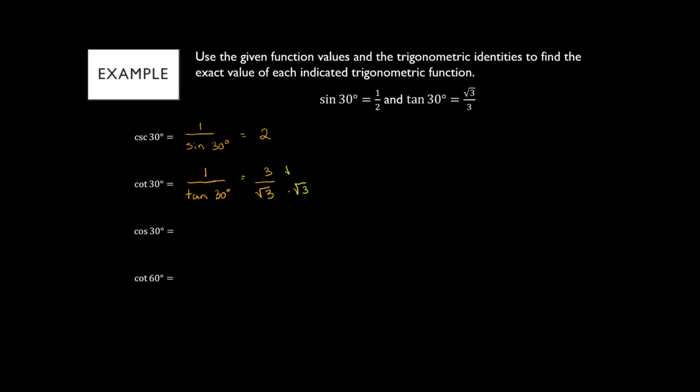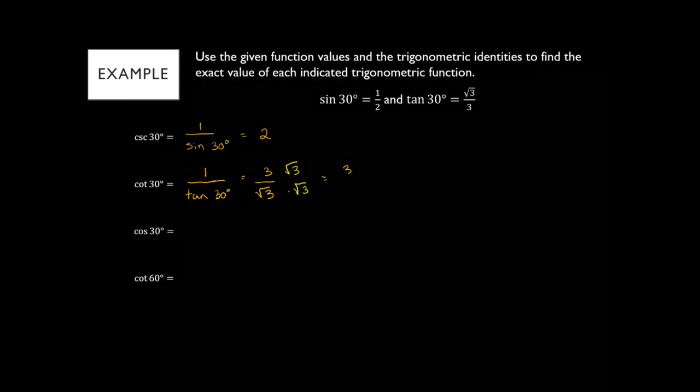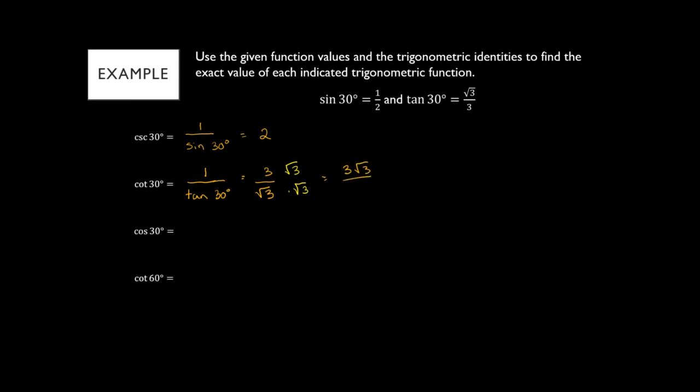So we don't want to have that square root of 3 in the denominator. So that would give us 3 times the square root of 3 over 3, and we just get square root of 3. And we knew this already because we did the 30, 60, 90 triangle. I'm just showing how we're doing it with the information we're given and these trig identities.